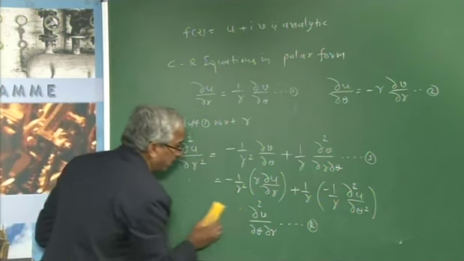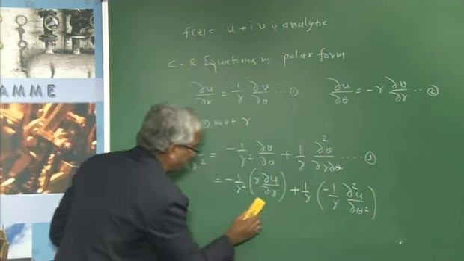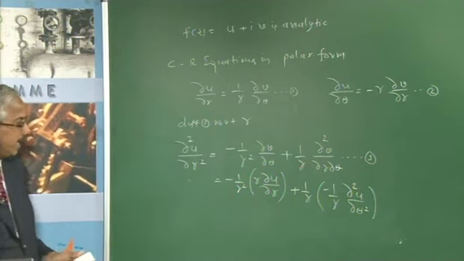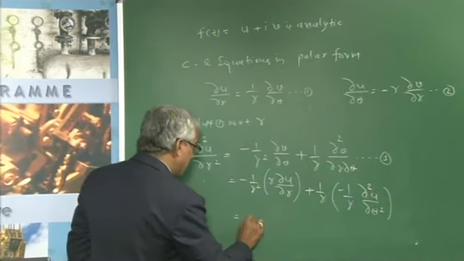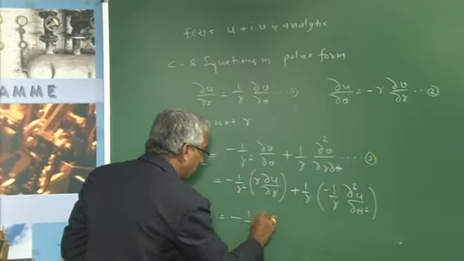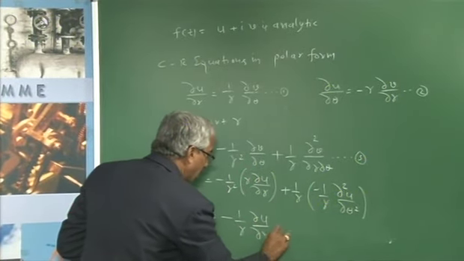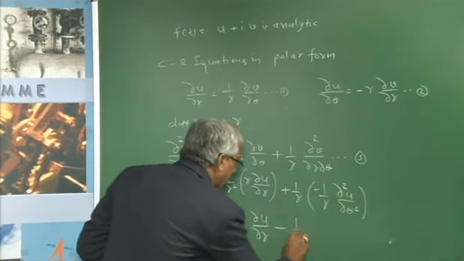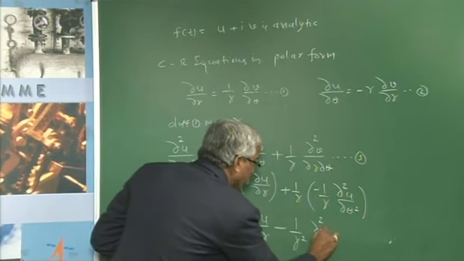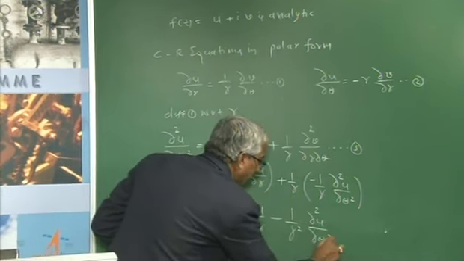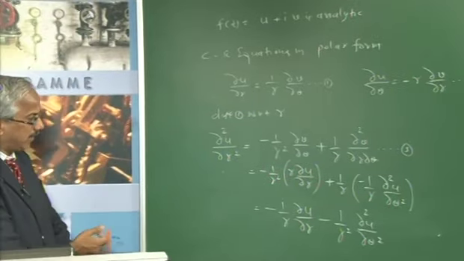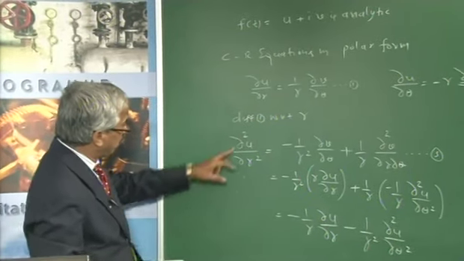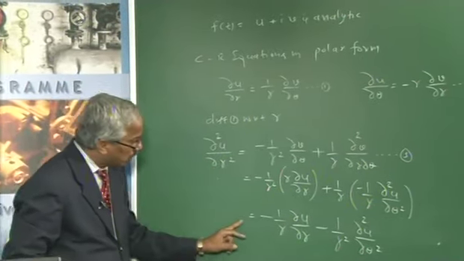So therefore, if you simplify this, I can get this result as minus 1 by r into dou u by dou r minus 1 by r square into dou square u by dou theta square. Here dou square u by dou r square is equal to minus of this one.